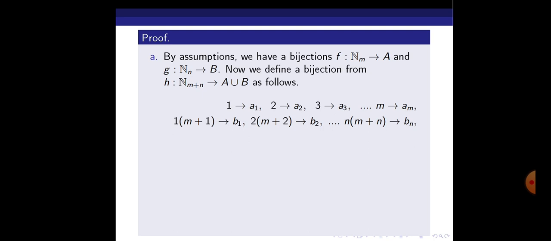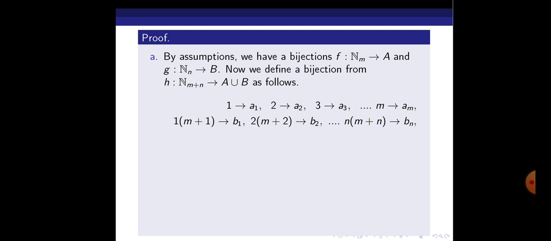So, h and f are essentially the same, or we can say that f is a restriction of h, or h is an extension of f. We are choosing it as such. Now, in order to move forward, we have already defined h on 1, 2, etc., m.